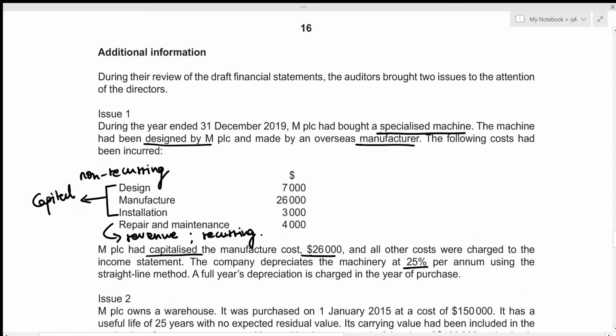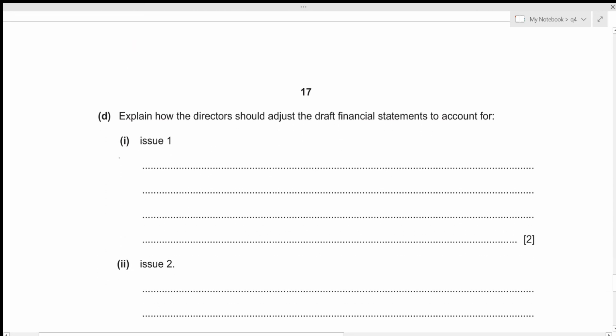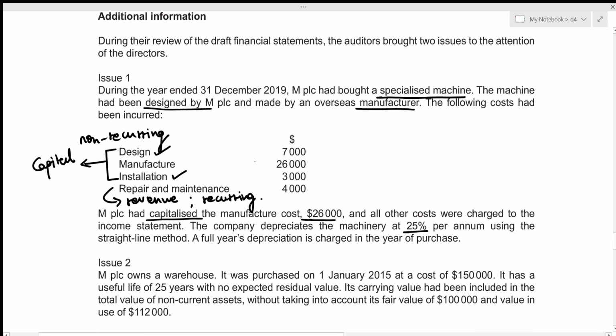Alright, so for issue 1, the error here was that we charged our design and installation as revenue expenses rather than charging it to our capital expenditure, right? Let's write it down. So the accounting treatment would be that the design, let's have a look at the value of design and installation. Design was 7,000, whereas installation was 3,000.